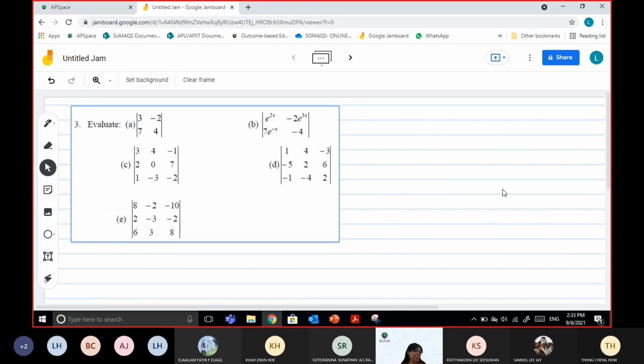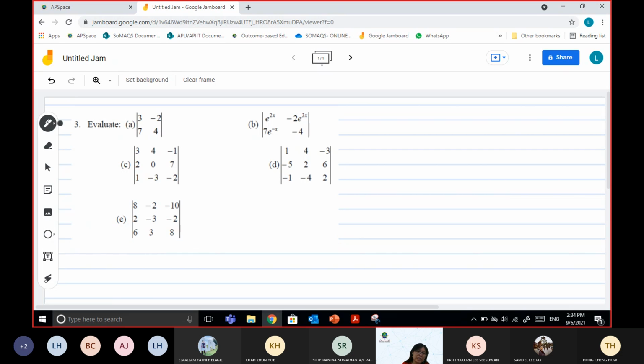For question number 3, they just ask you to evaluate. I want you to take note: when it comes to matrices, we can use a round bracket or a square bracket to represent the matrix.